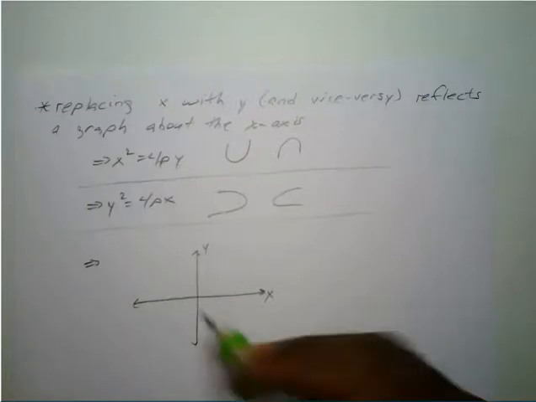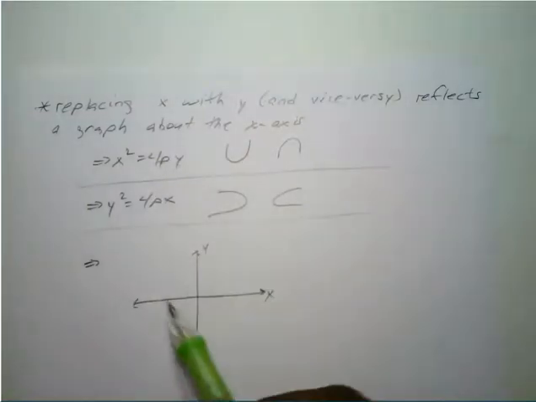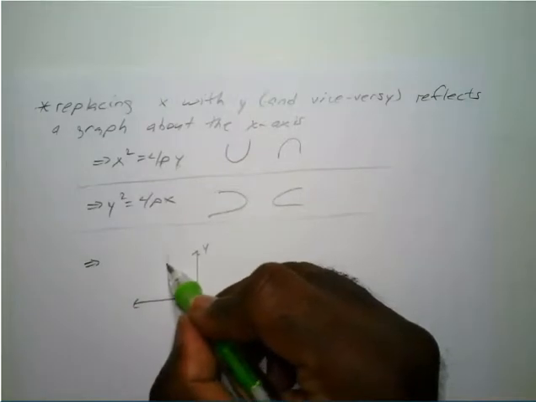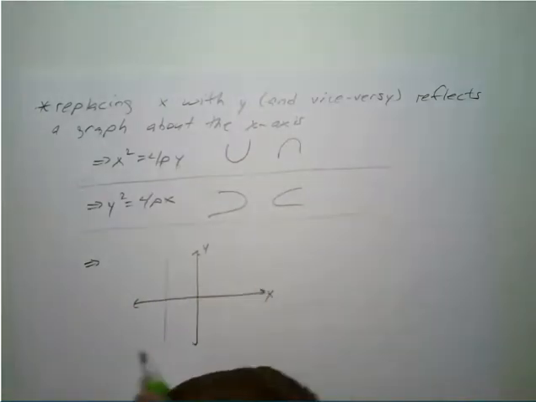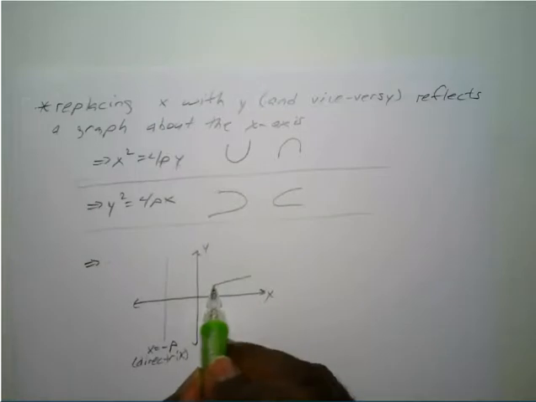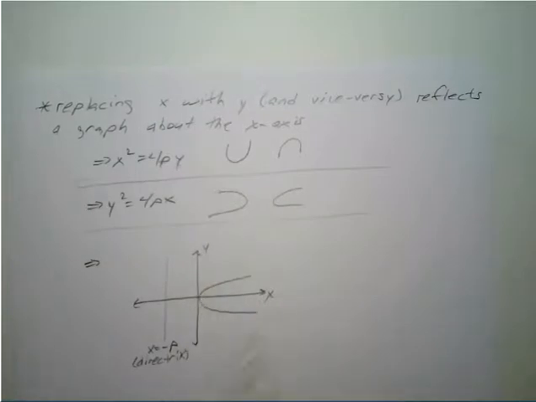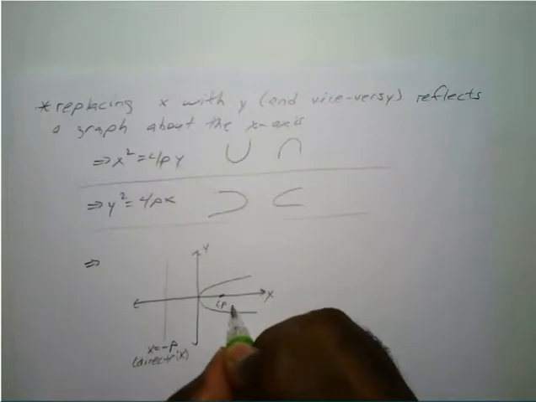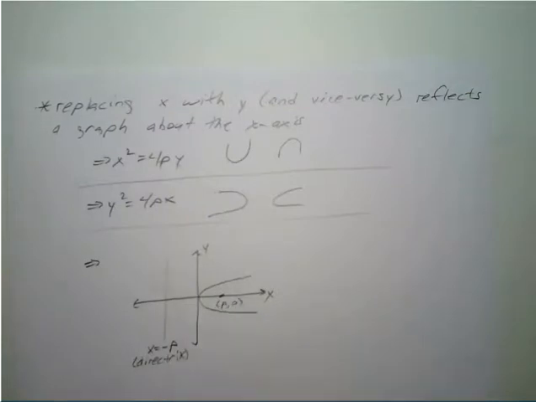So if we draw our directrix, instead of y equals negative p, we make it x equals negative p for our directrix. And it's centered at the origin. And our focus in this case would be (p, 0).